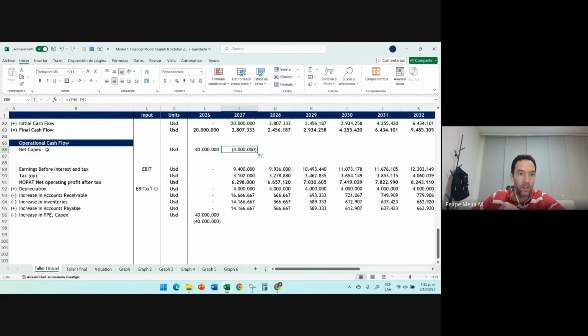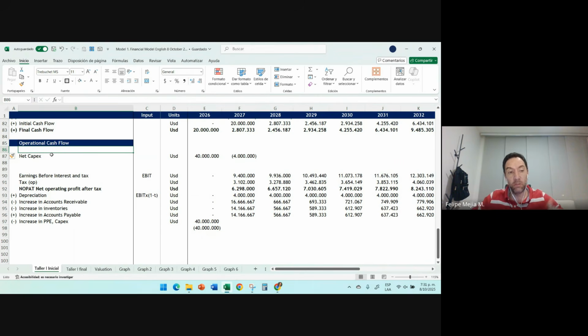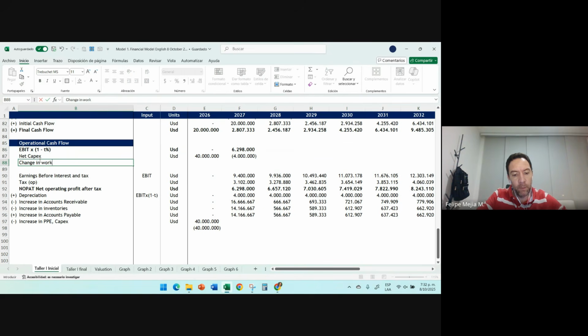So if you want to read Damodaran's material, either his documents, or watch his YouTube videos, or perhaps you want to work more into valuation and take the advanced valuation class at NYU, then you need to know that the way he calculates an operational cash flow is through this concept: EBIT times 1 minus tax rate, minus the net CapEx, minus the change in working capital.